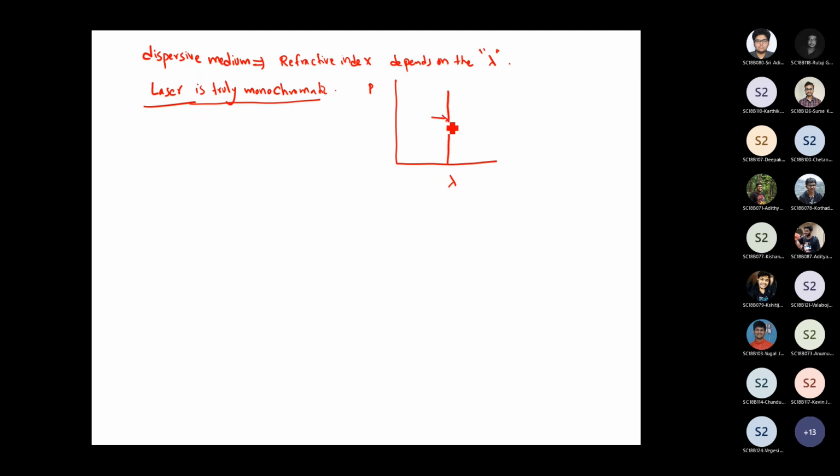In this case, the line width, delta lambda, which is the full width at half maximum, is going to be 0. If the line width is 0, and this signal is transmitted inside a dispersive medium, you will not have any intramodal dispersion. However, all practical light sources have a finite line width.